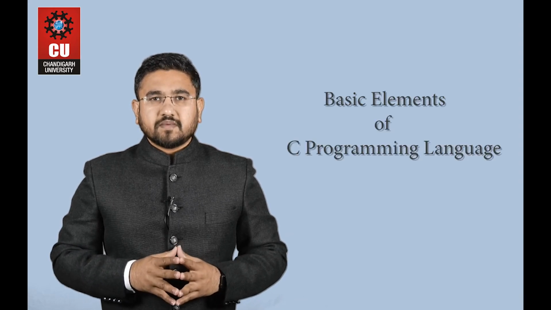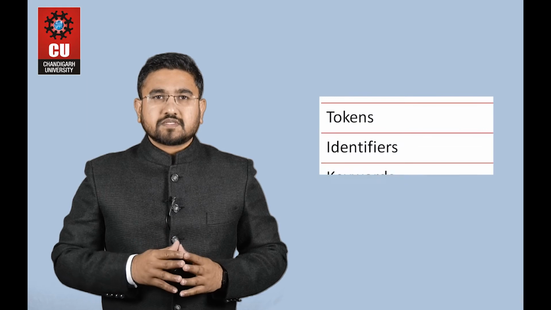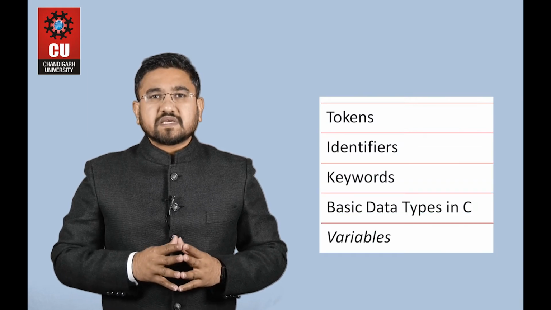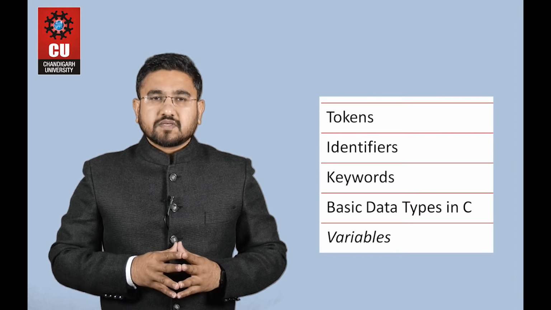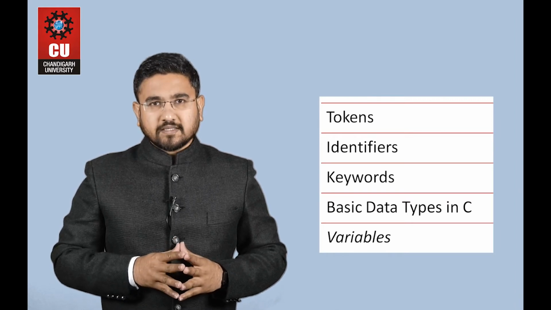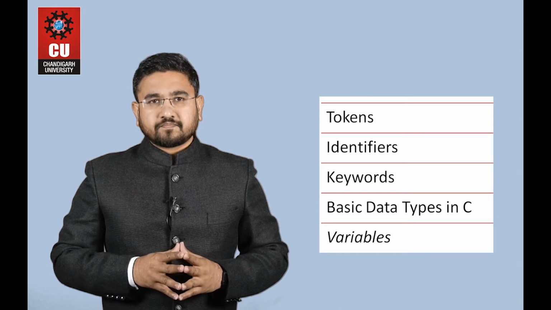In this session, we'll learn about the basic elements of C programming language. Takeaways from this session are: first, tokens, which are the basic building blocks in C language. Identifiers, which help identify data and other objects in the program.